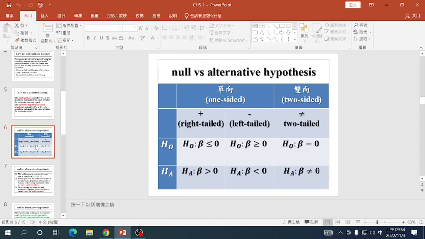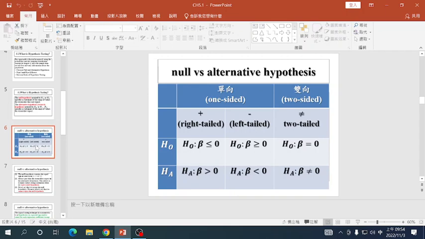Why do we call it right-tail? That's in some other steps. When I show the reason, then you will know why I say right-tail test here. And if it is less than 0, it means left tail. Then this one is two-tail. So for one-sided, we have positive and negative. Positive is a right-tail test, and negative is a left-tail test.